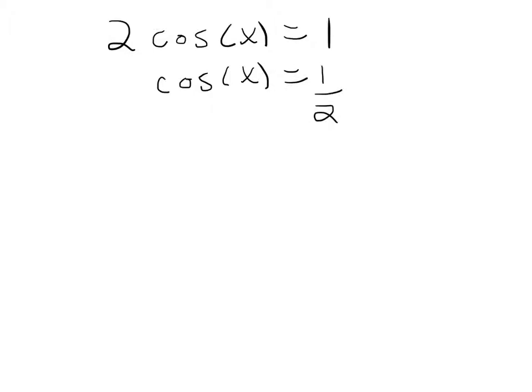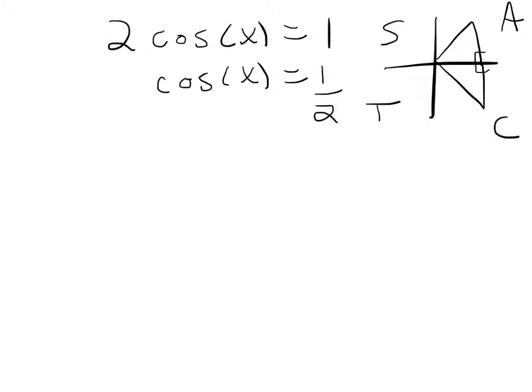So now that means that cosine of x will be a half. And now I need to think of reference triangles and the unit circle and the coordinate plane to find all of the radian values where the cosine of x is a half. If I drew out my triangles here, I'd be in quadrants 1 and 4, thinking about All Students Take Calculus. Cosine is positive in quadrants 1 and 4. And I believe the triangle is going to be a 30, 60, 90 triangle with a reference angle of 60 degrees, which is pi over 3 radians.